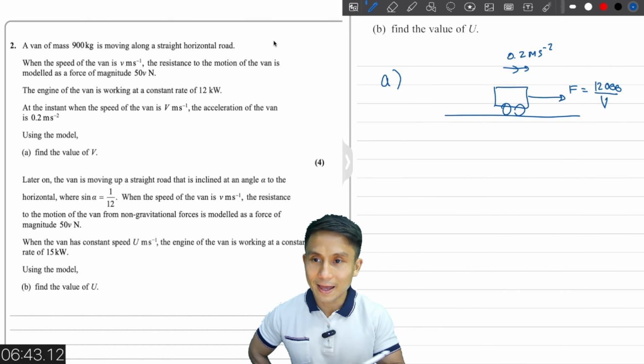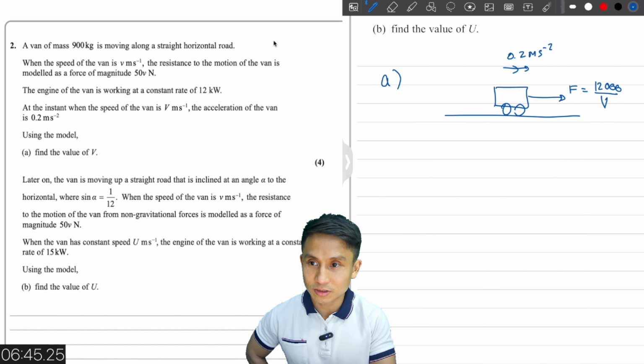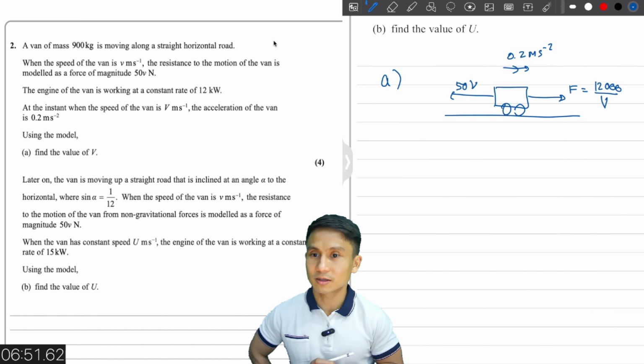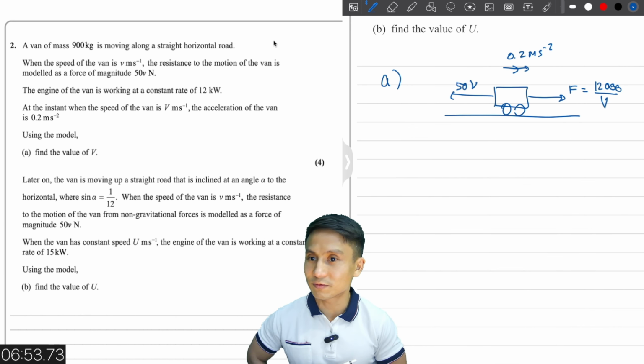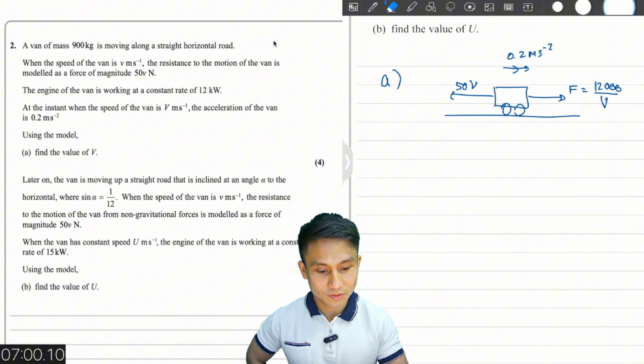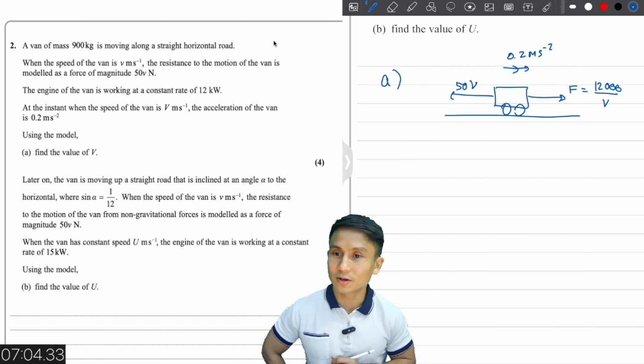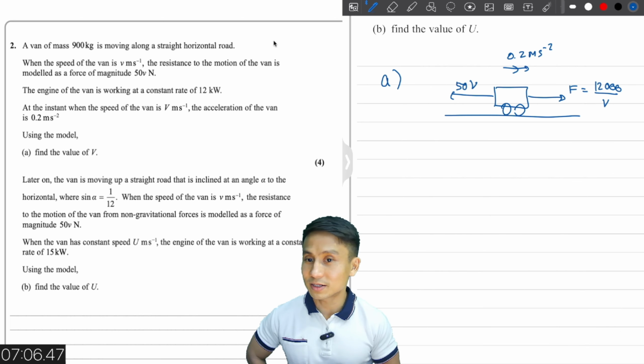And there is a resistance to the motion modeled as a force of magnitude 50v. That's a little v, right? When the speed of the van is v. Oh, okay, so this is the same v. Yeah, that's it.